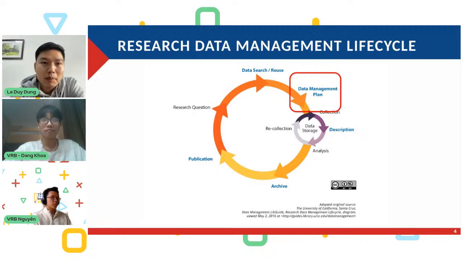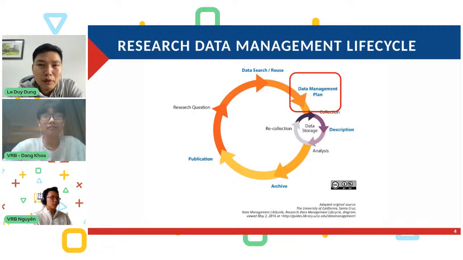So now we should talk about the life cycle of research data management, right? We see that it is very important for doing research. So having a good plan to manage the life cycle of the research data is crucial.